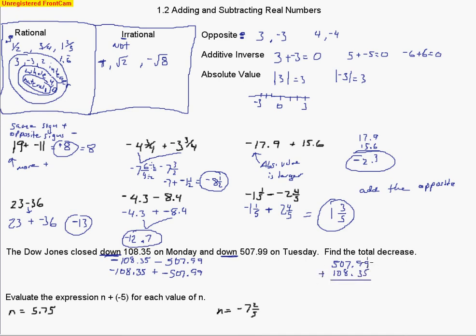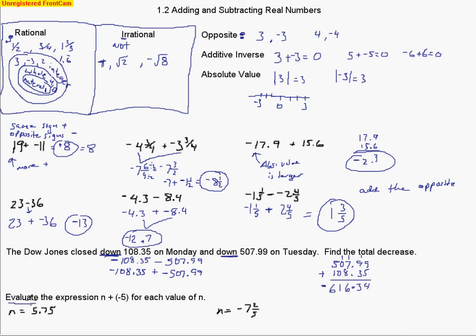So it's a 9 here, so this makes 14. Carry a 1 makes 12, and 1 makes 13. Bring down that decimal, and that makes 15, and 1 makes 16. And that makes 1, and you have your 6. So 616 and 34 hundredths.